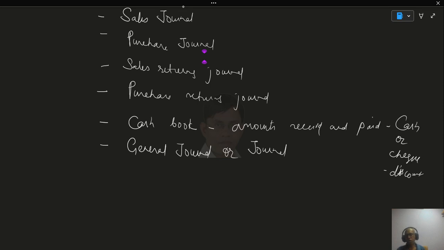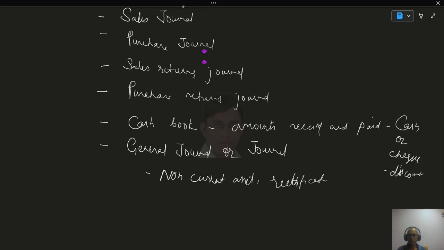So what will be entered in the general journal? Adjustment entries like outstanding expenses, prepaid expenses, purchase of non-current assets like machinery, and rectification entries.